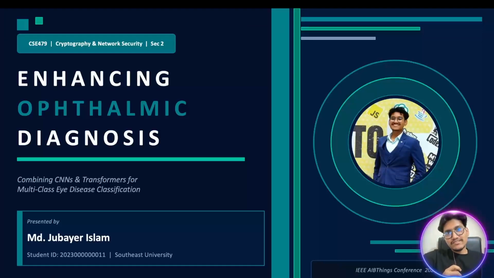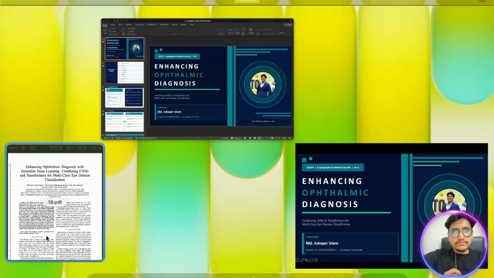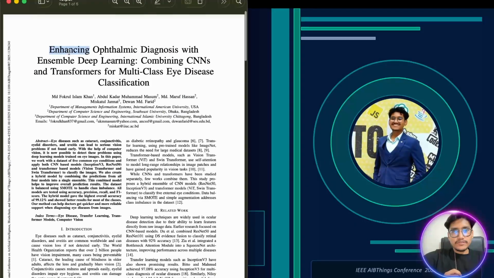My name is Jubayer and today I will be presenting a research paper review for my course Cryptography and Network Security. The paper is titled Enhancing Ophthalmic Diagnosis with Ensemble Deep Learning Combining CNNs and Transformer for Multi-Class Eye Disease Classification.